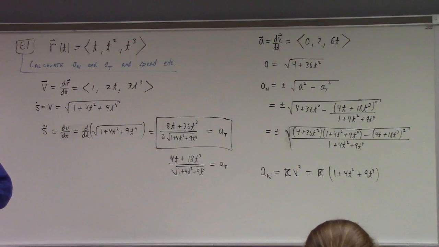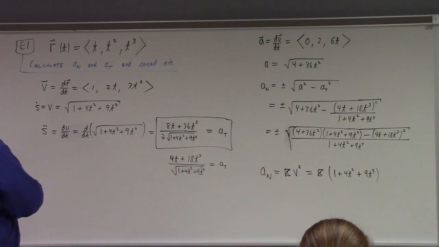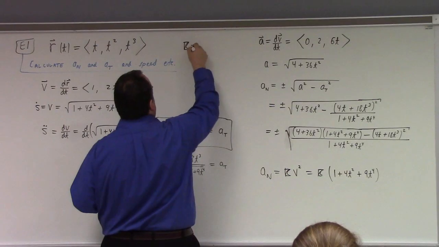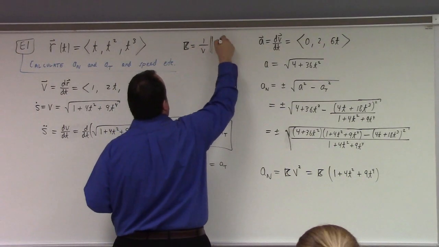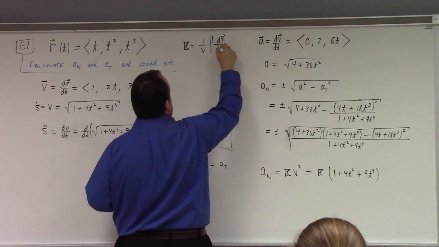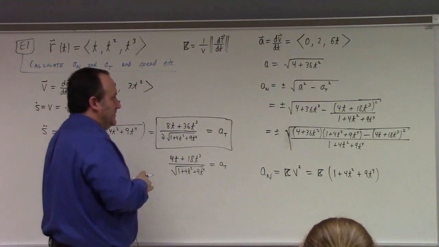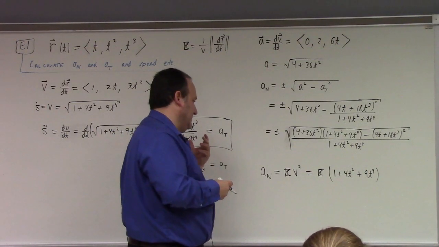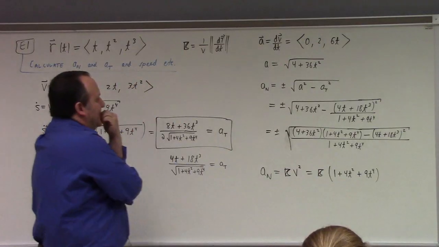Wait a minute, how is curvature defined for us? We said curvature was what? It was 1 over the speed times the magnitude of dT/dt. So, well, I'm not sure. Somehow this plus or minus can't be minus.